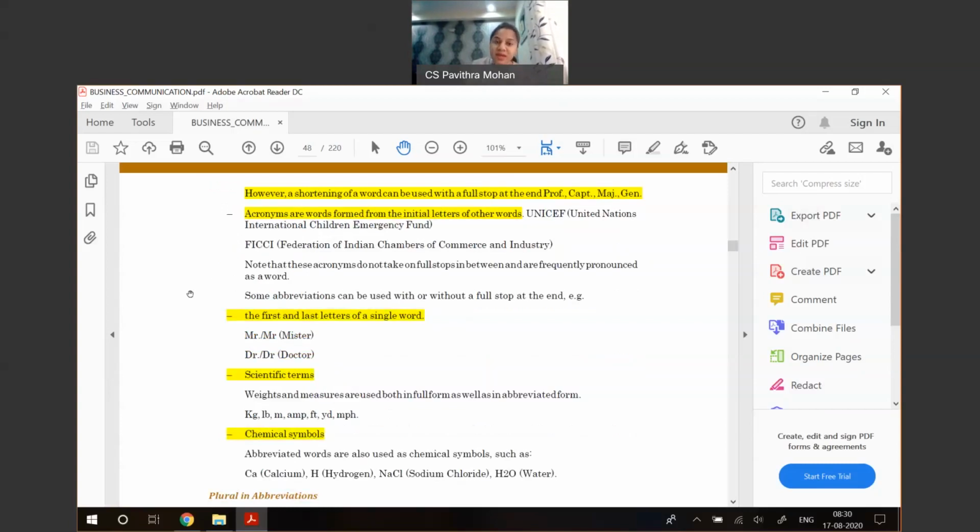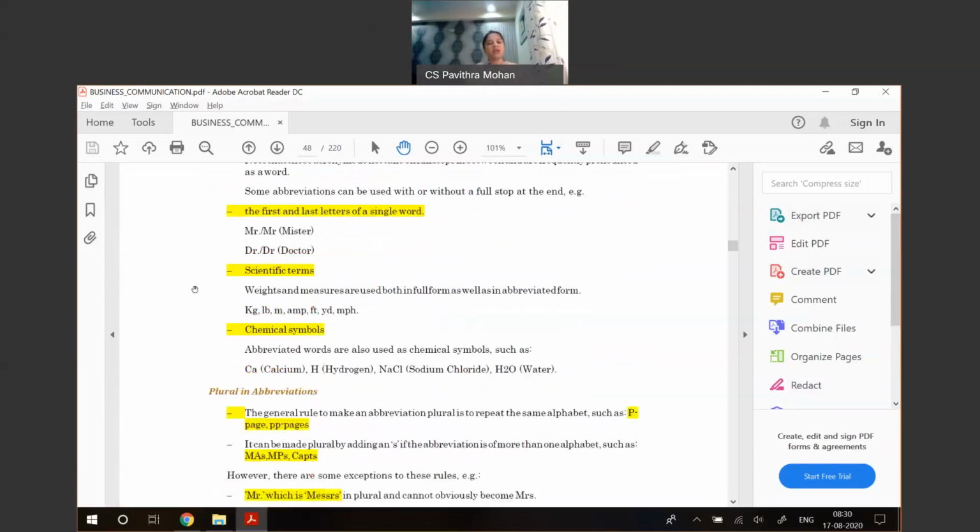All these will be called acronyms. Then you have the first letter of a single word, like Mr. or Dr., or scientific terms like kilo, pound, meter, feet, yard, or chemical compositions like hydrogen and water. These are your abbreviations.